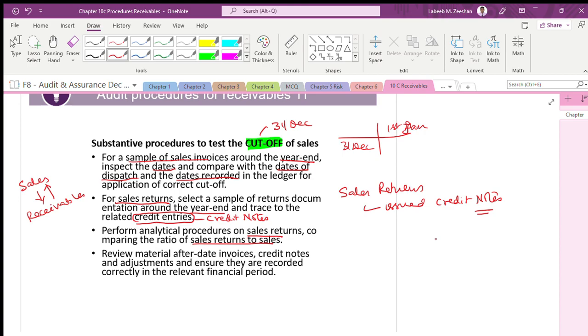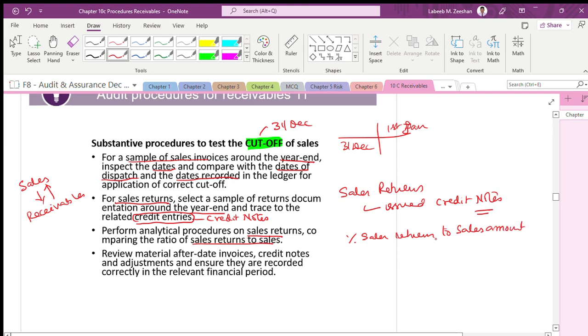You should know the percentage of sales returns to sales. The return to sales amount should be less.